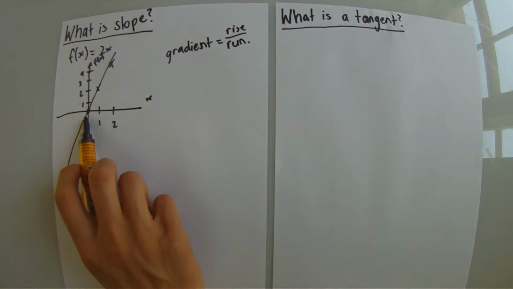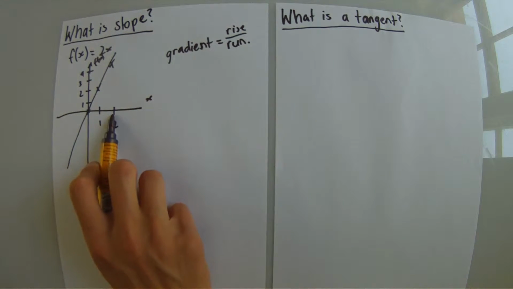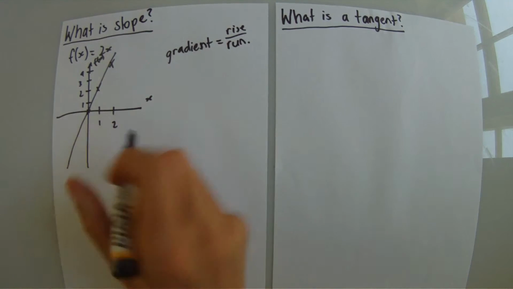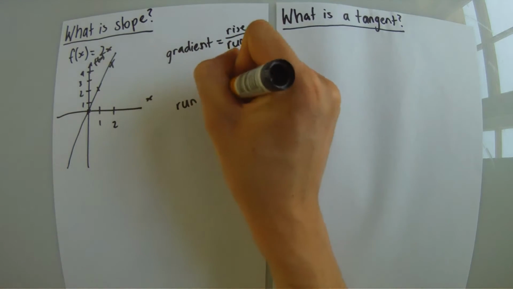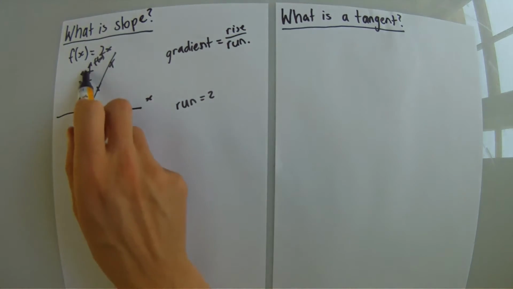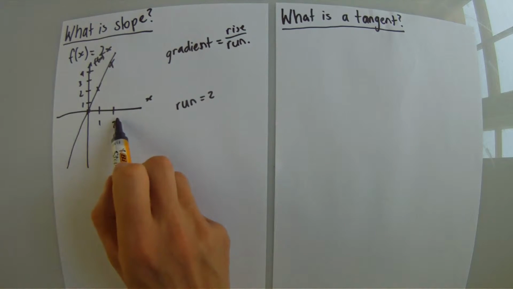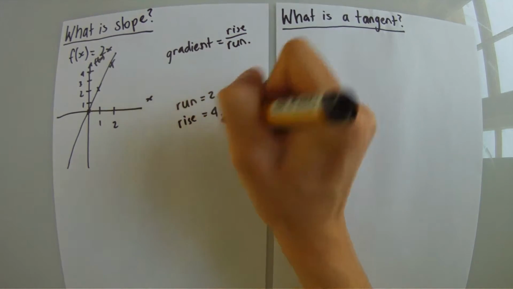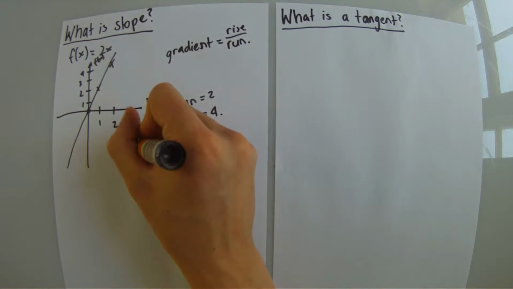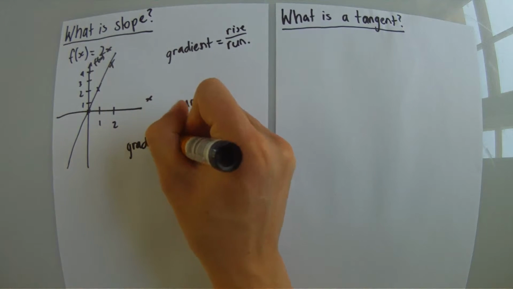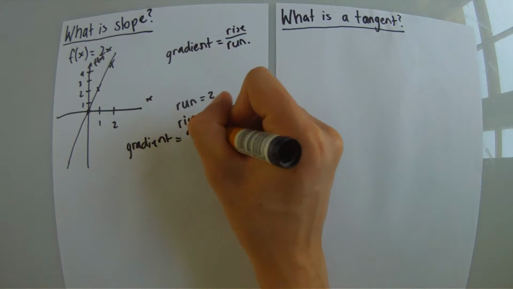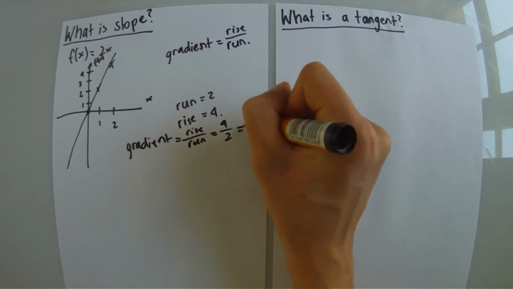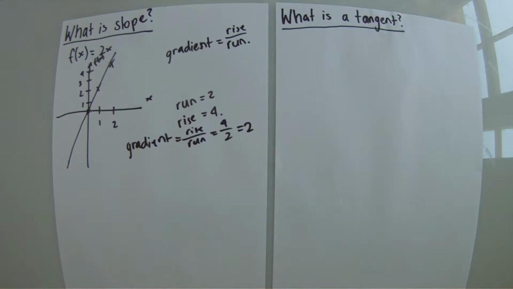If we look from x is 0 to x is 2, the graph moves 2 to the right, so the run is 2, and it rises 4, so rise equals 4. So the gradient of this graph is rise over run equals 4 divided by 2, so the gradient is 2.